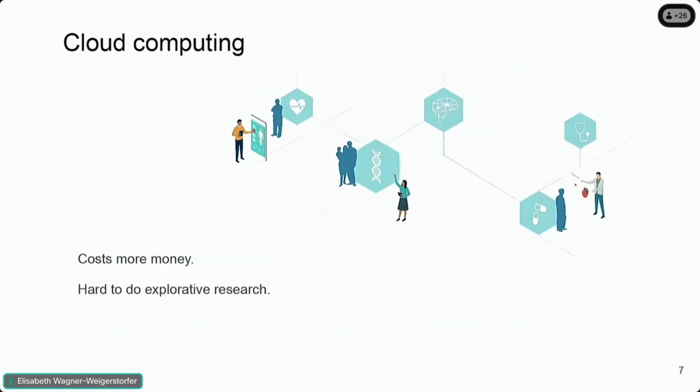The biobanks' solution is to do cloud computing. Right now, access to this data is restricted to the biobank cloud computing platform, and as a result it costs researchers more money to do any analysis, and for people who do exploratory research, it's very hard to start exploring this kind of data.